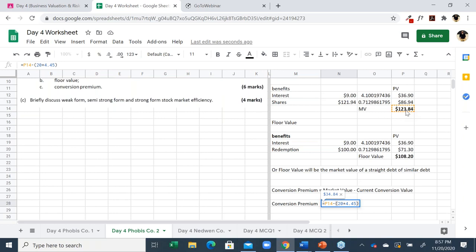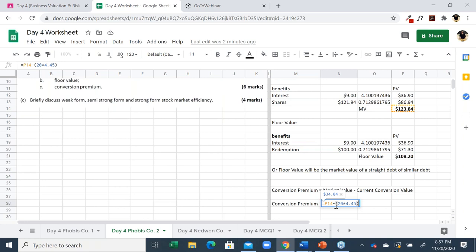How many shares may the investor get after 5 years if he decides to convert? 20 shares, right? And what is the value of each share at the moment? 4.45. Very right.